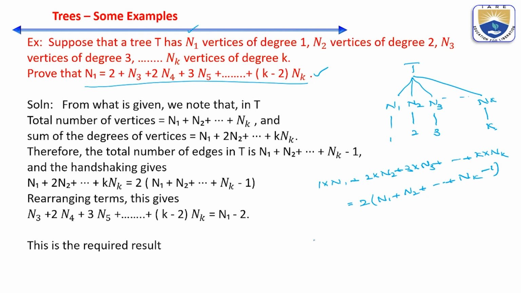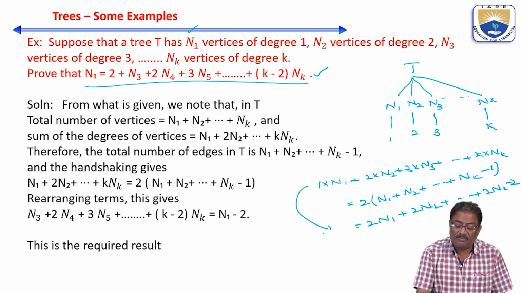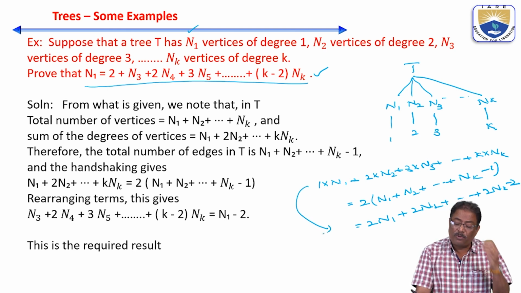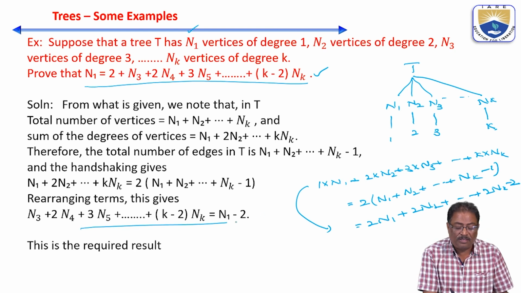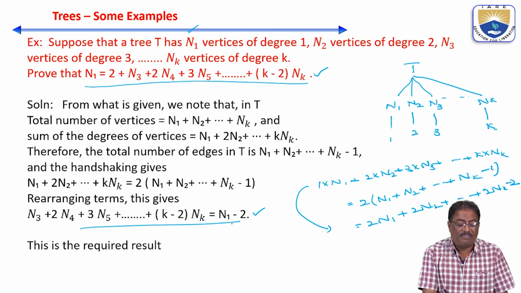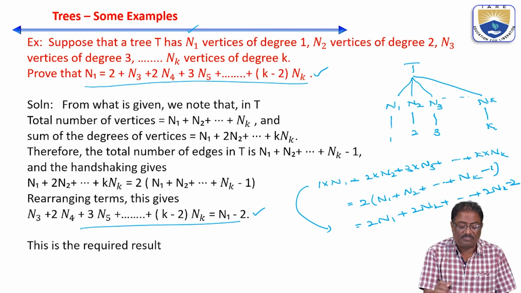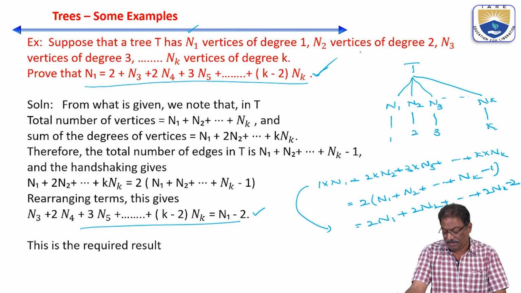Next we rearrange this: 2n1 plus 2n2 and so on plus 2nk minus 2 equals this. If I rearrange this, and send 2 to this side, then we get the required result for n1.